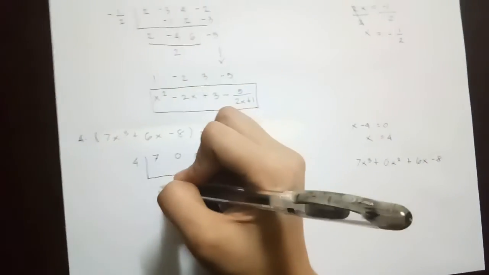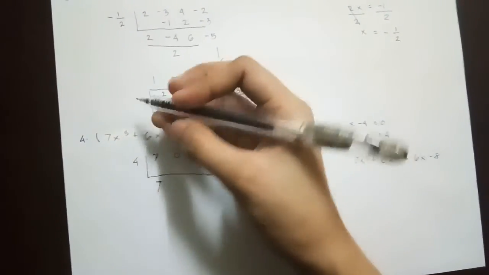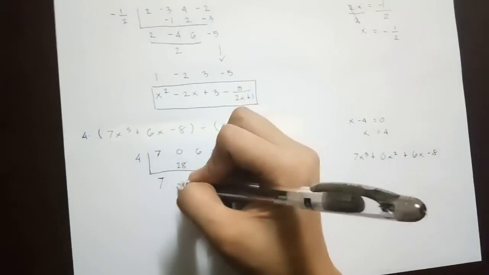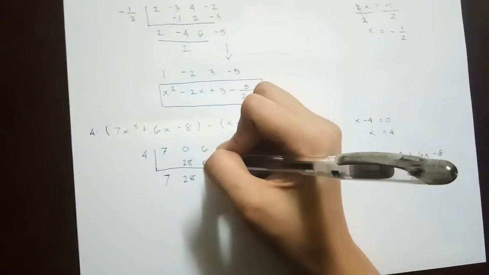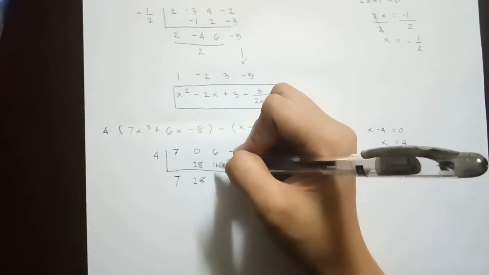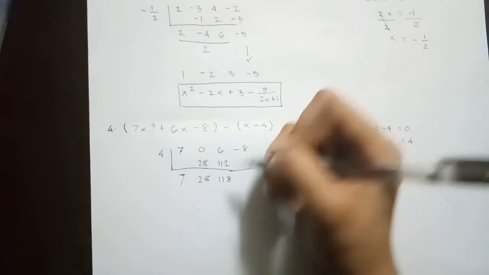So bring down 7. 7 times 4 is 28. 28 plus 0, 28. 28 times 4, 112. And 6 plus 112 is equal to 118.